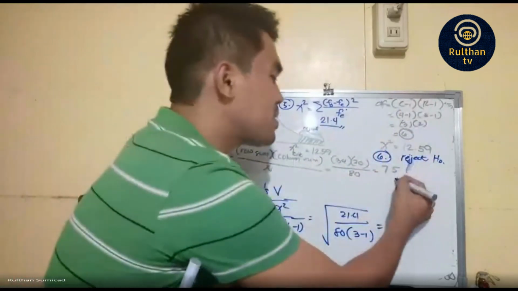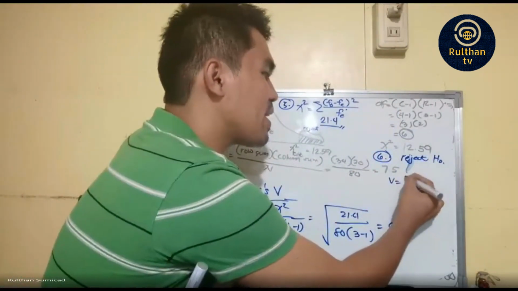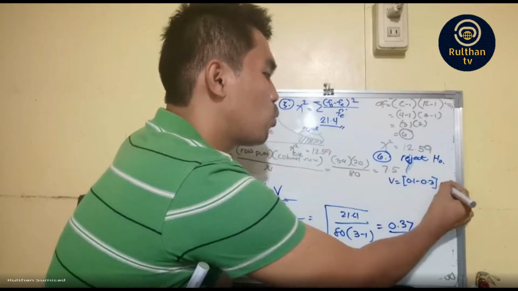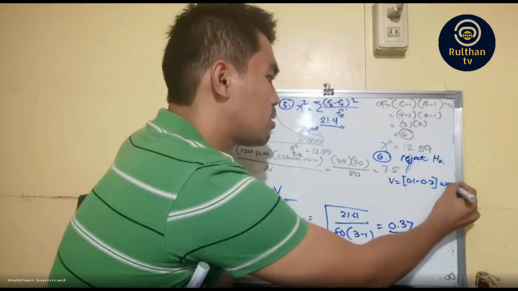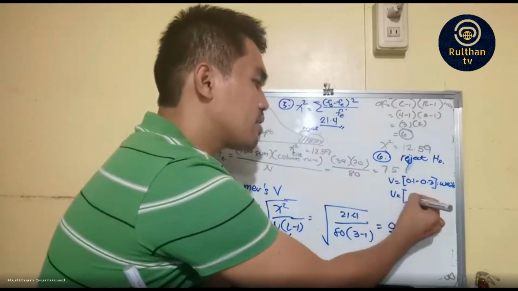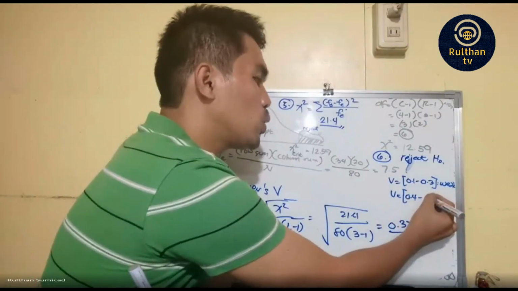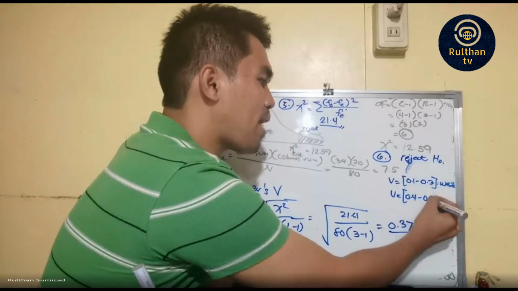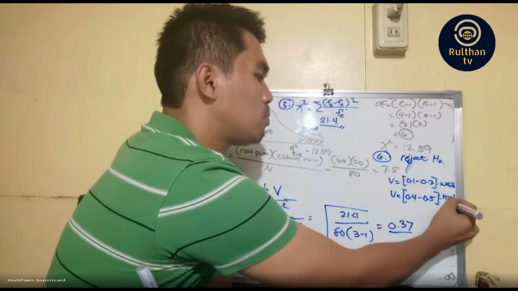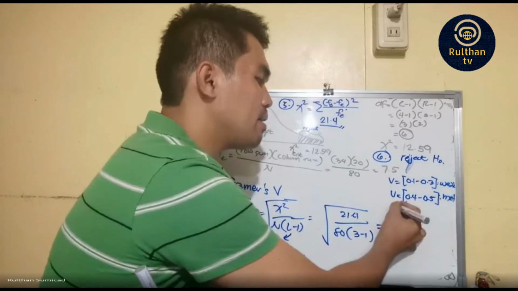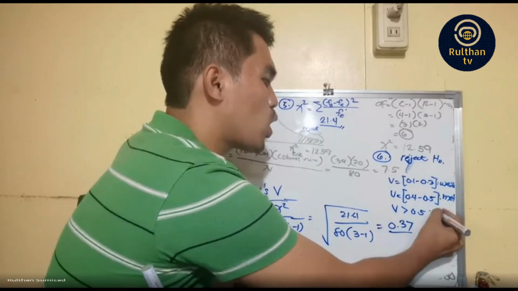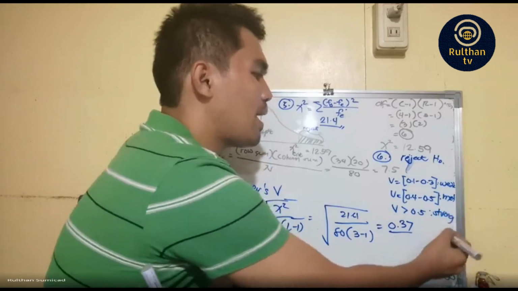For Cramer's V, if V is inclusive of 0.1 to 0.3, weak association. If V is 0.4 to 0.5, there is medium association. And if V is greater than 0.5, there is strong association.